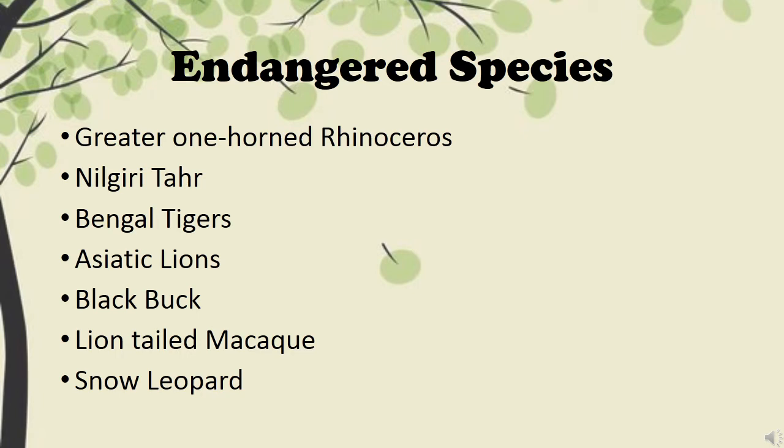There are many more, even vultures, cheetahs, but these are a few which are left very much less in number in India. So we need to protect them. In the next slides I will show you a picture of each of these animals so that you can know which animals I'm talking about.